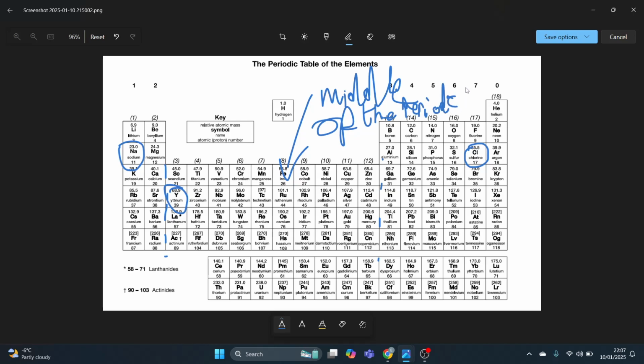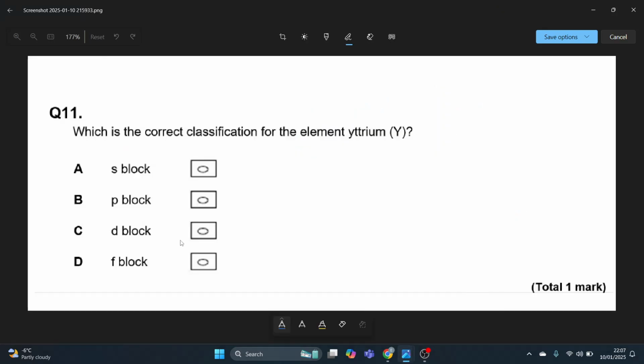Remember, if it's in the middle, the block is called the D block. That's the S block, the middle is the D block, this one is the P block, S, D, P, and this one is the F block. Just a quick recap. So the answer is the D block one, so C.